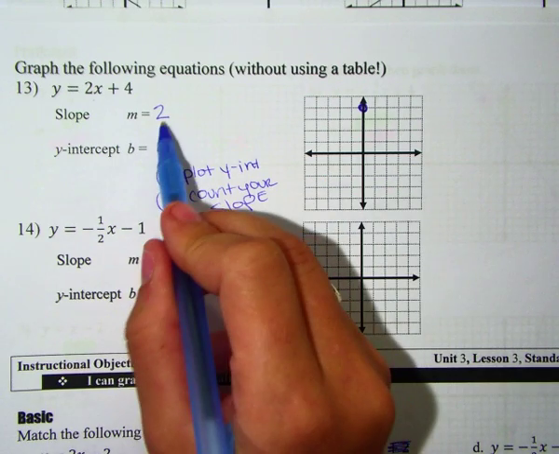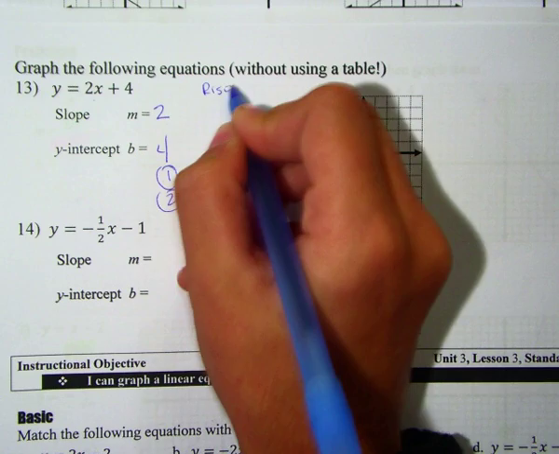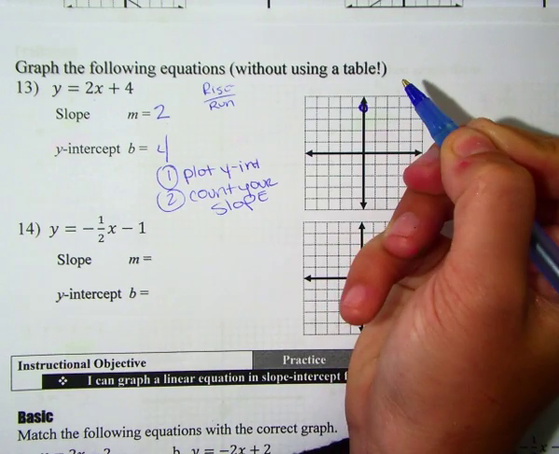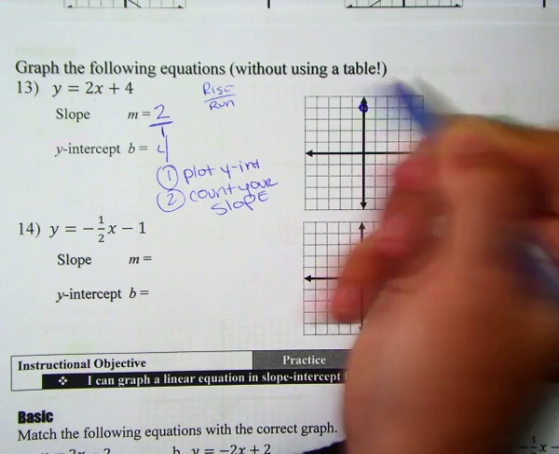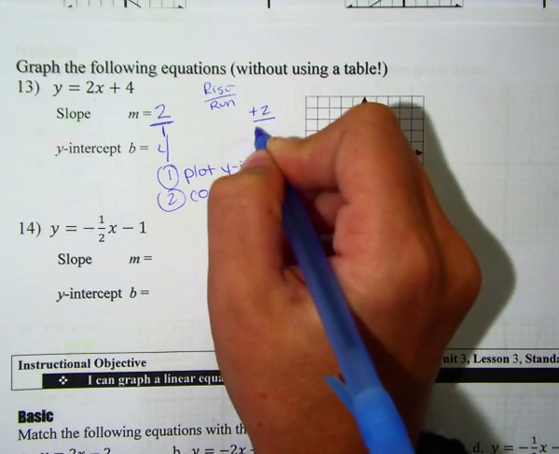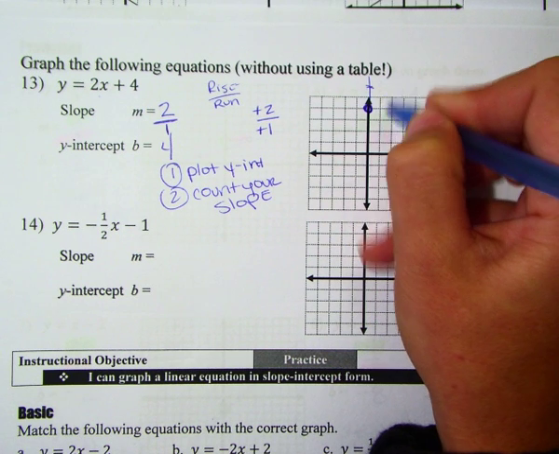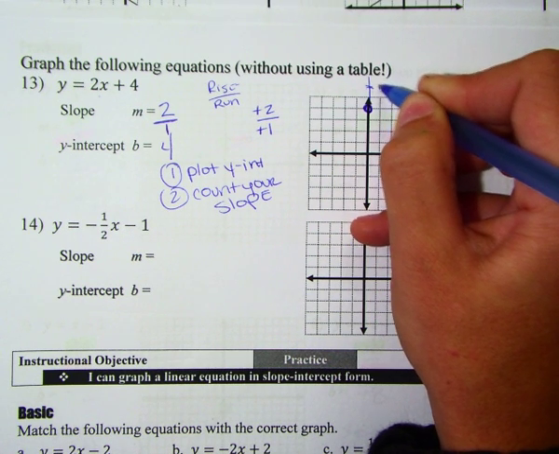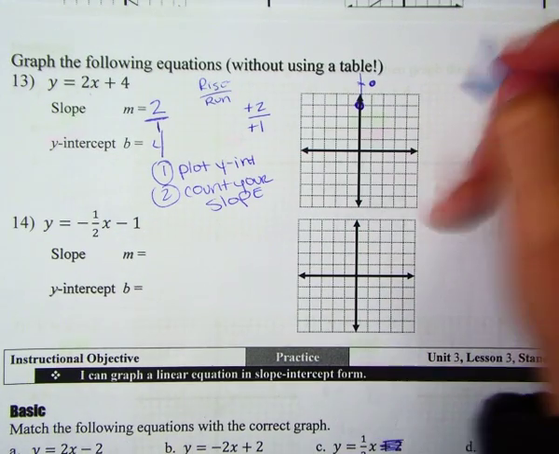So my slope is 2, but it's always supposed to be rise over run. So what we actually have to do is put 2 over 1. This means +2, +1. Up 2, right 1. We should have a point there. But that's off my graph.